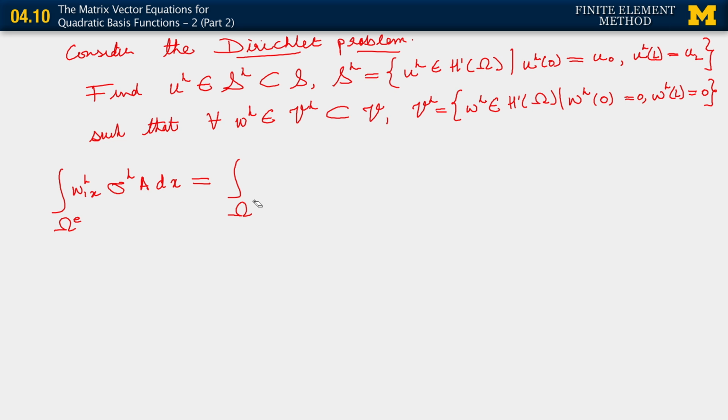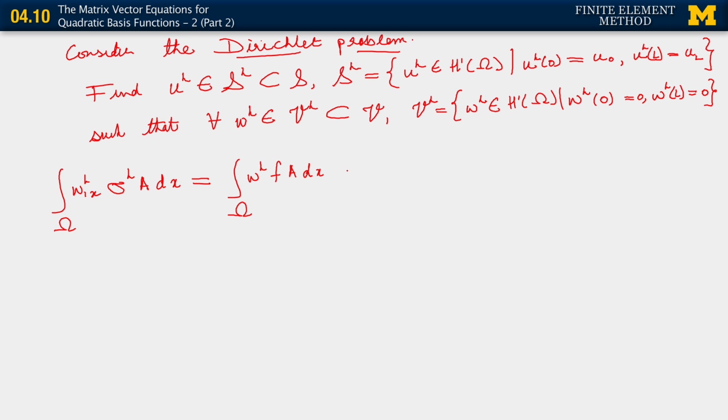It's actually integral over the entire domain omega, integral over omega of w^h f A dx, plus nothing, because we don't have a Neumann condition. That's it. Okay? That is our weak form.